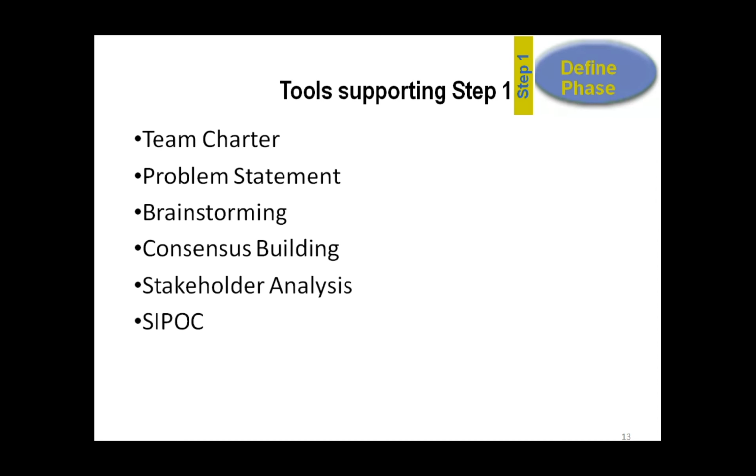So it's a way of mapping the process. And then we have the VOC, or the voice of the customer. These are some of the tools that are typically used in the define phase of a Six Sigma project, apart from others as well.